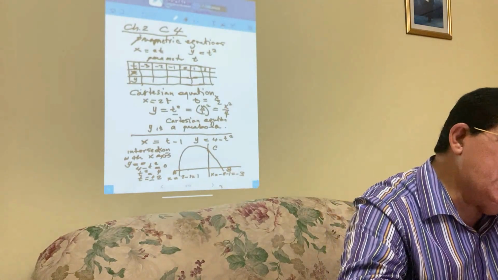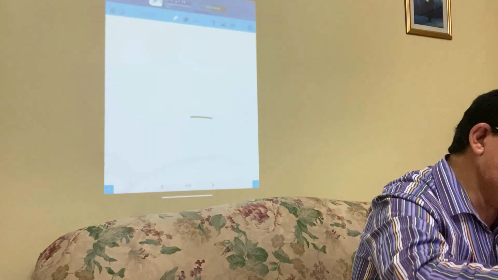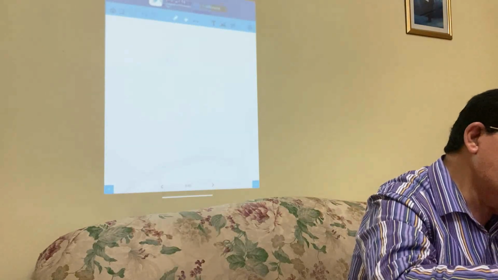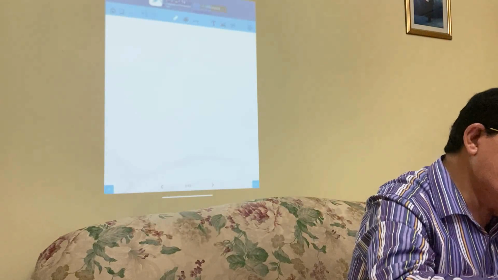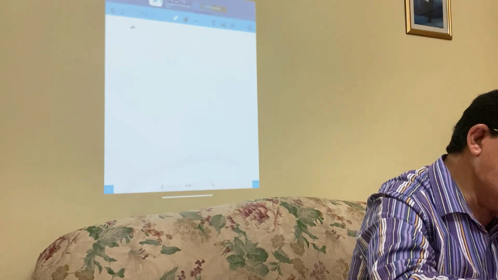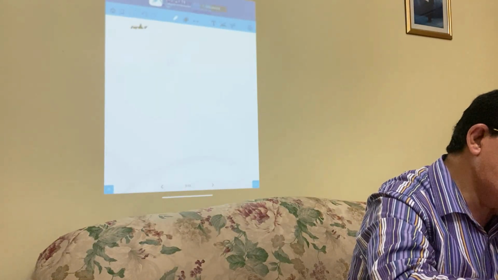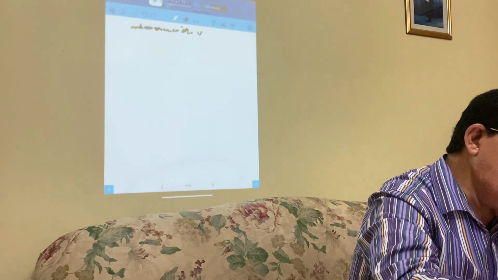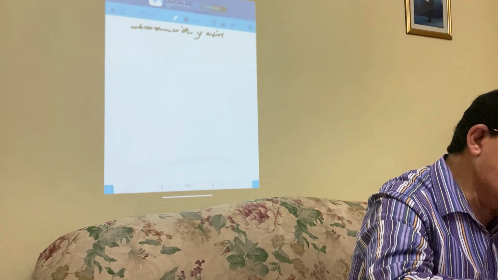We can also get the intersection with the y-axis by putting x equals 0.